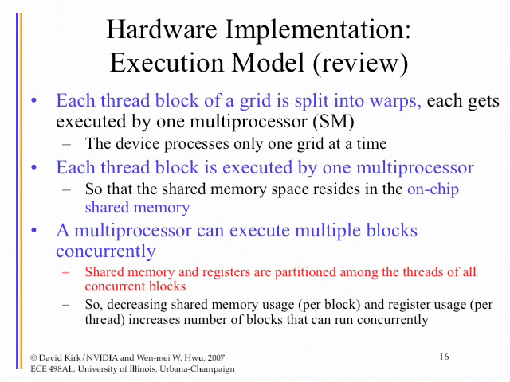So this is something that I just want to add a little bit more. Remember, all the threads in a block will be assigned to the same streaming multiprocessor. But you can also have multiple blocks all assigned to the same streaming multiprocessor. All those blocks will end up sharing resources, in particular registers and shared memory.